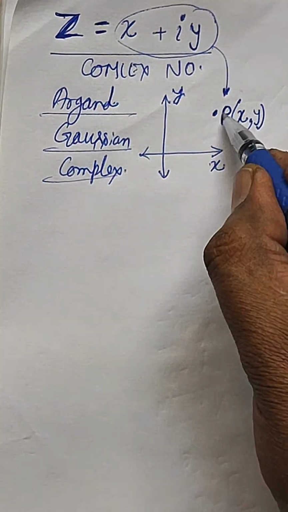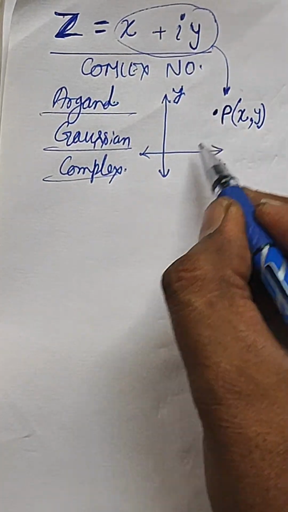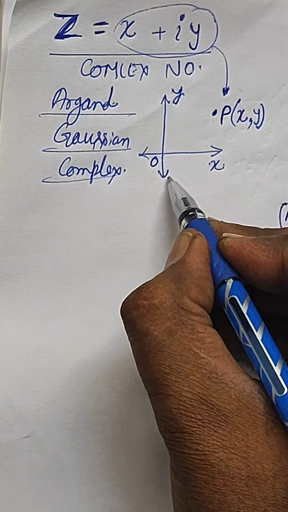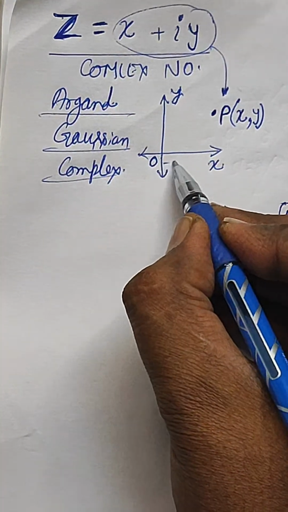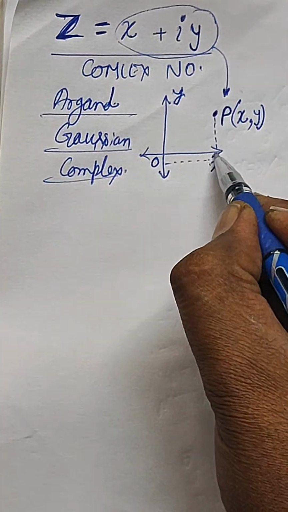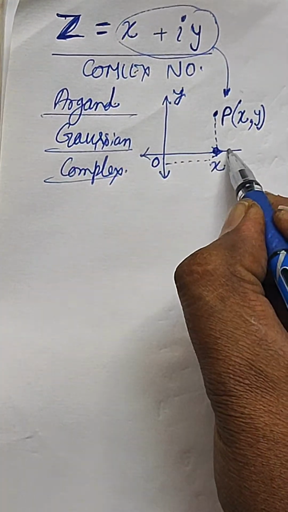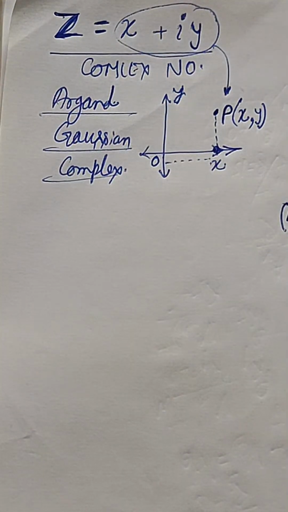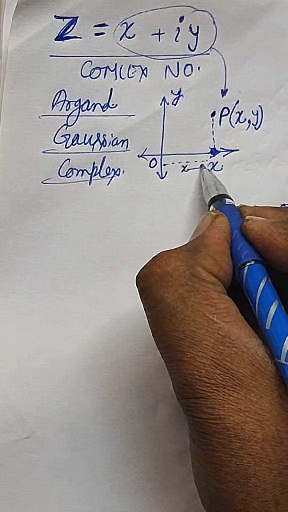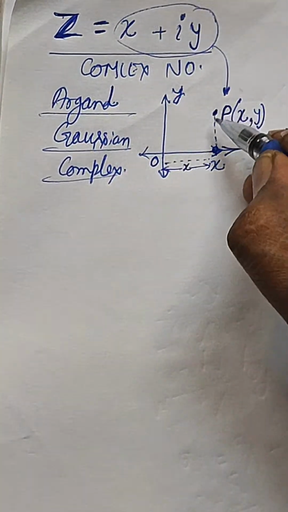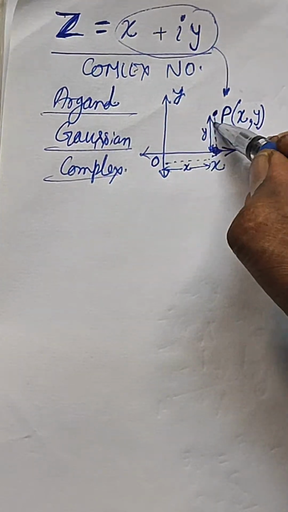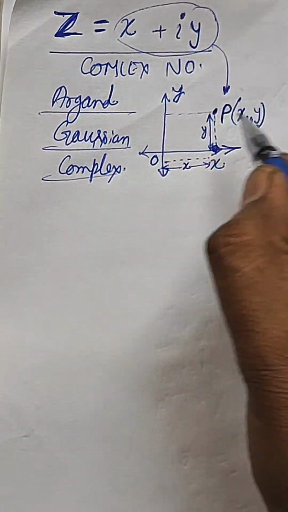And if you see the distance of point P from the origin, if you draw a perpendicular line over here, this will give the x coordinate, and this will be the length of the y coordinate.